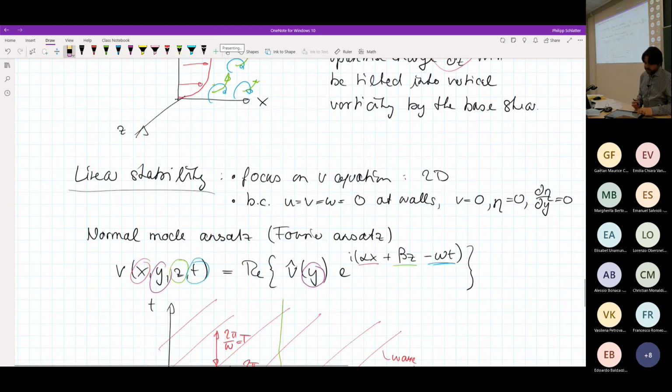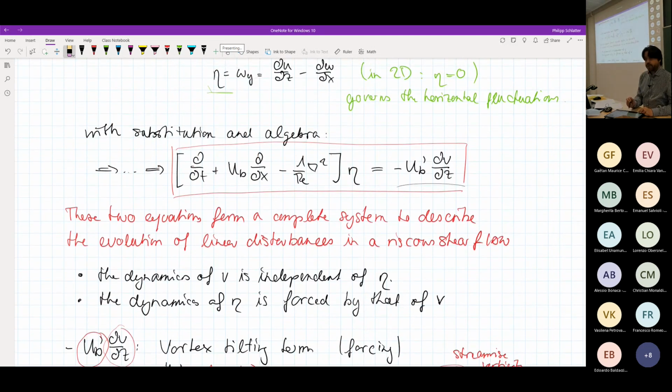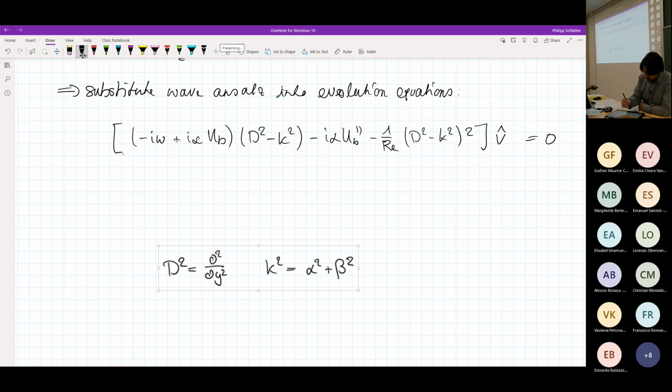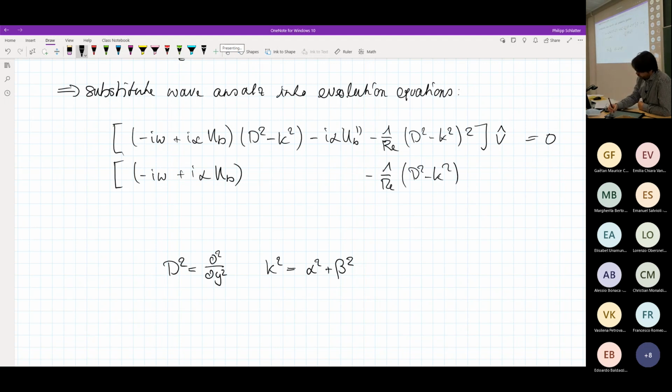Now I can of course do exactly the same trick for my eta equation, this one here, and I can also directly write down the result here. Maybe I do it. I just move this a bit down. So first the equation. So I'll get here minus I omega plus I alpha ub. And now there's no derivatives of eta. There is nothing here for the base flow, just the viscous term minus 1 over Reynolds, and this is actually the same, d squared minus k squared.